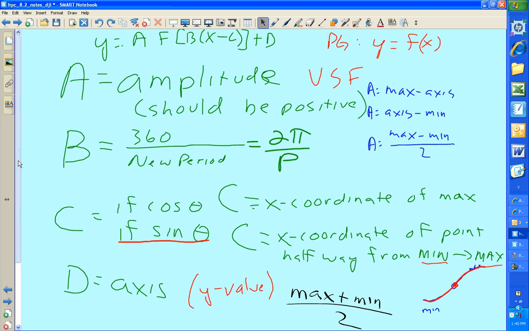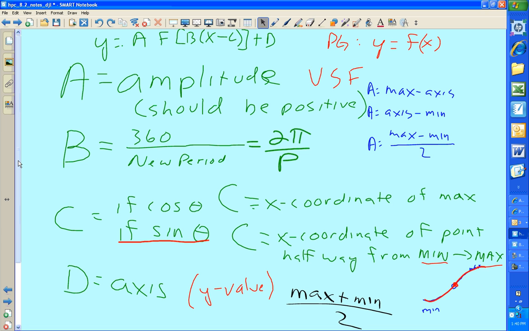When you have a graph and you're writing the equation, you can either give a sine equation or a cosine equation. Sometimes I'll ask you to do both, but most of the time I'll let you do whatever the heck you want. You have to commit though, and I know some of you have commitment issues.